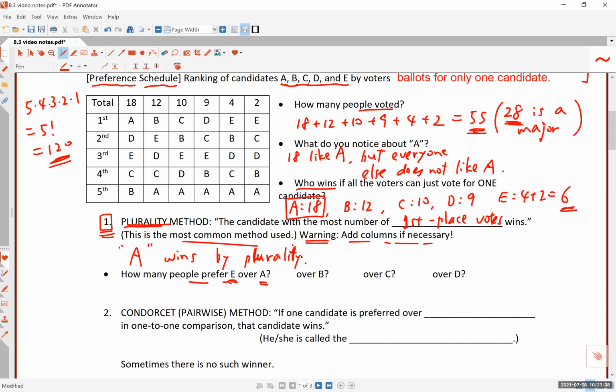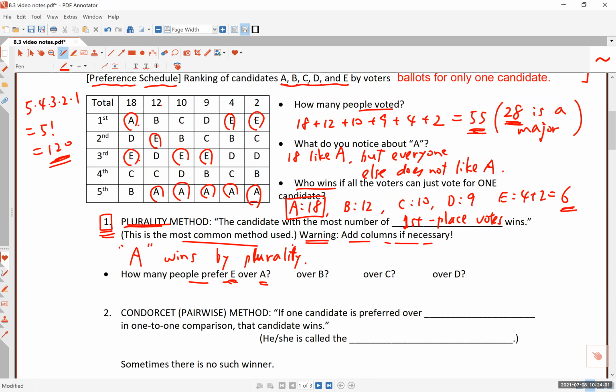What we want to look at is which order they come in. For these 18 people, it's A over E, right? For these 12 people, E is over A. And in fact, if you just highlight E and A, remember A is last ranked by most people, right?